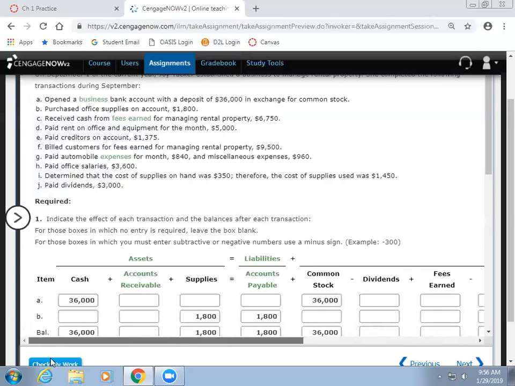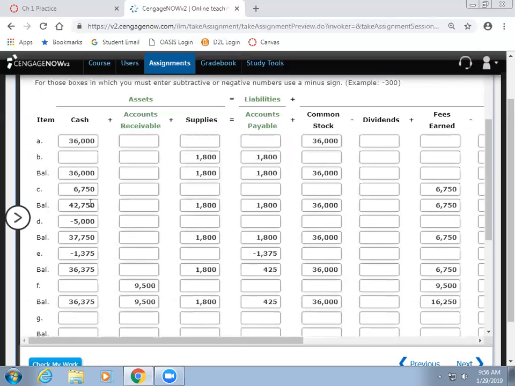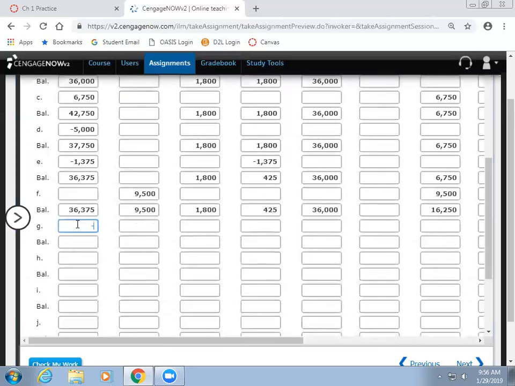So let's see, we had automobile expenses $840, miscellaneous of $960. So how much did cash go down total? Very good, $1,800. So on G, I'm going to put a negative $1,800 under cash.